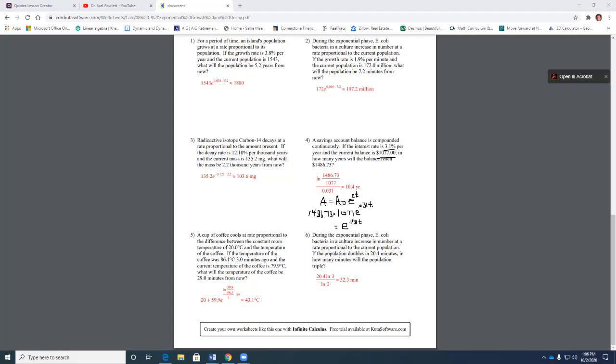And then on the left side, you have 1,486.73 divided by 1,077. That's going to be 1.38.